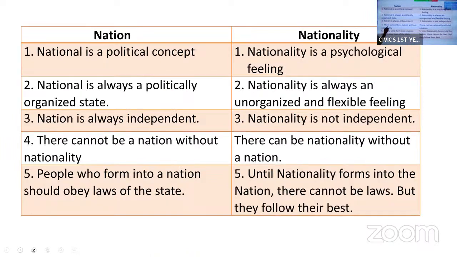So nation is a political concept, whereas nationality is a psychological feeling. Nationality is your feeling towards your country. Nation is always politically organized, it is a politically organized state, whereas nationality is always unorganized and it is a flexible feeling.